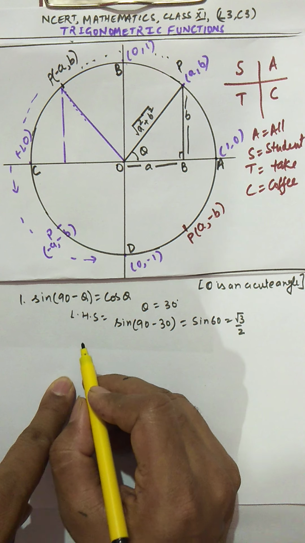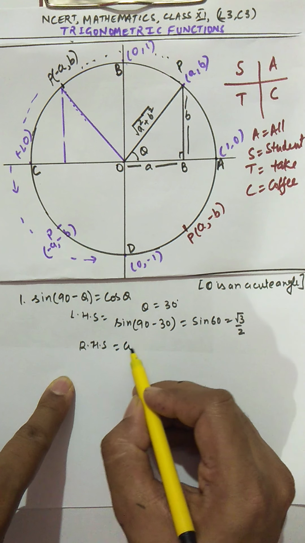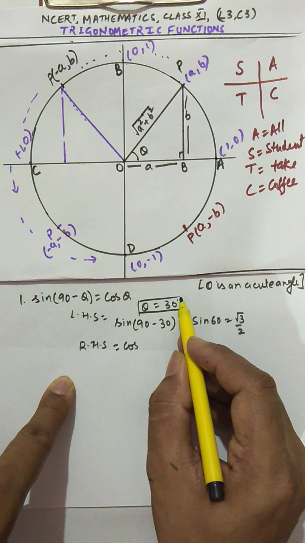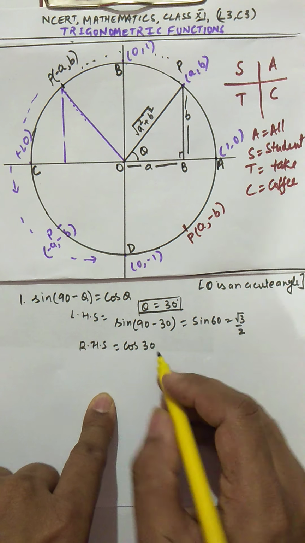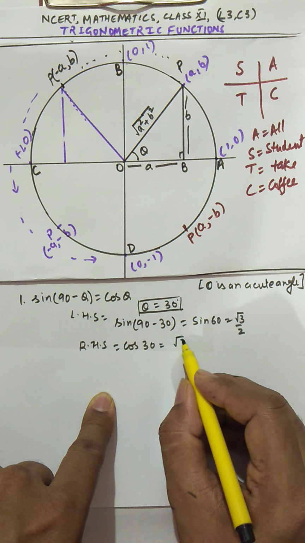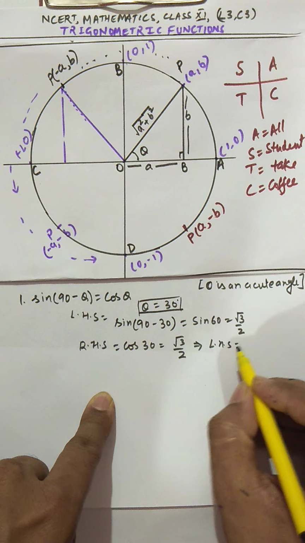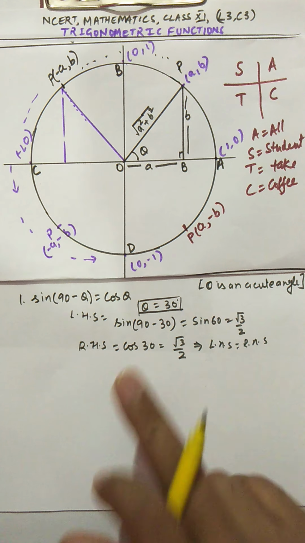So this is your LHS. Now the RHS, this is cos theta, and we have taken theta as 30 degrees to see whether this result holds or not. So this is cos 30, and cos 30 is also root 3 by 2. So you can see that your LHS is equal to RHS, and this can be seen for other formulas also.